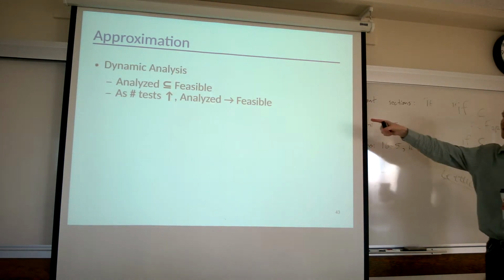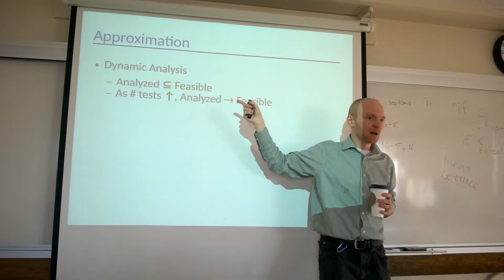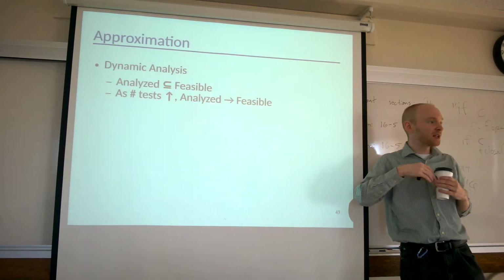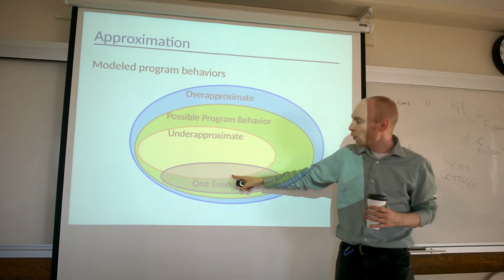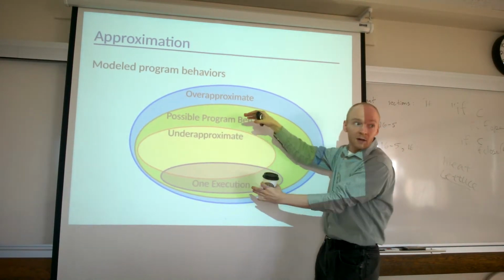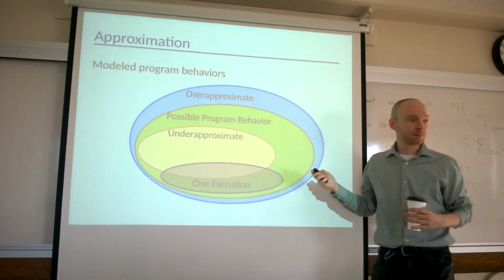So with dynamic analysis, the actual analyzed results are a subset of the feasible results. As you perform more executions, you can fill this space out more to the set of possible program behaviors, if you are intelligent with the inputs.